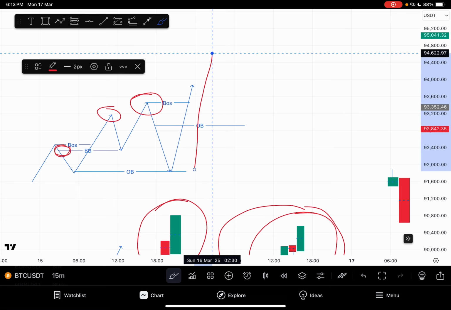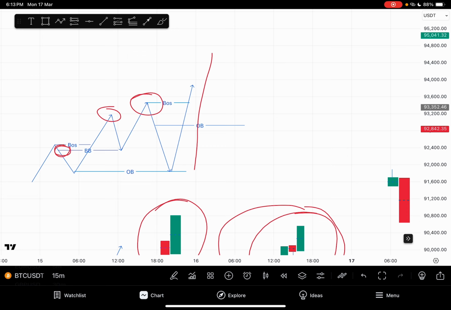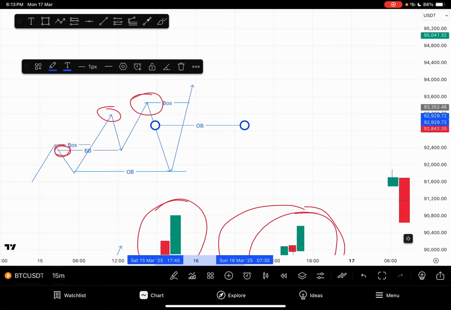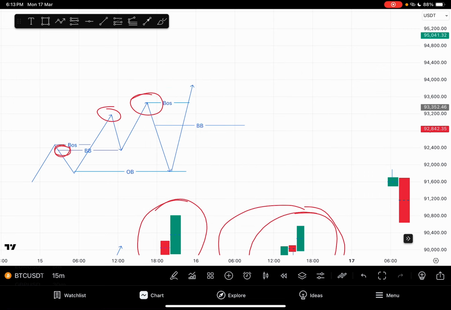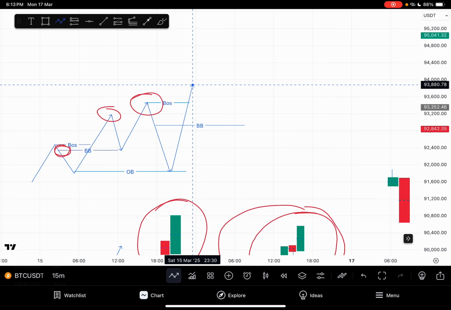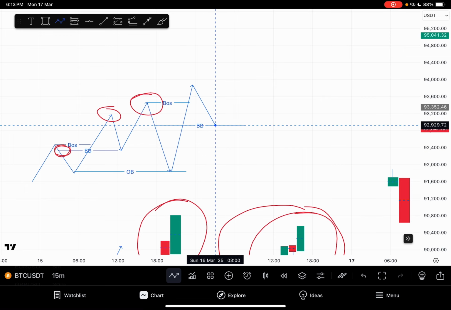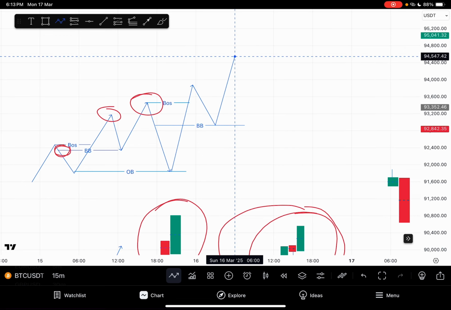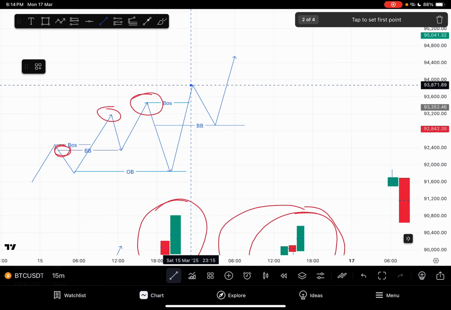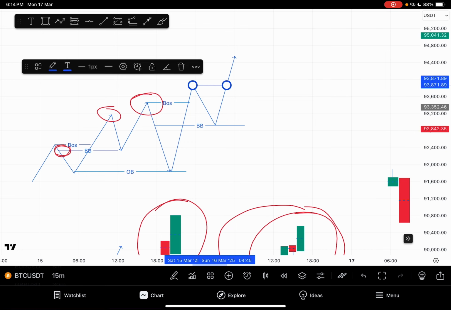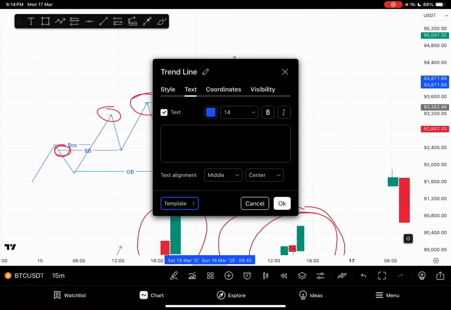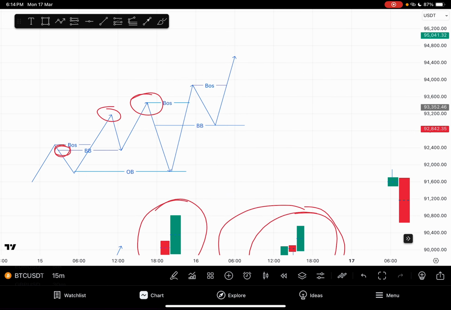That OB has automatically turned into a breaker block. So you see price now come back for the breaker block again, then push to the upside, creating a break of structure at this point here.